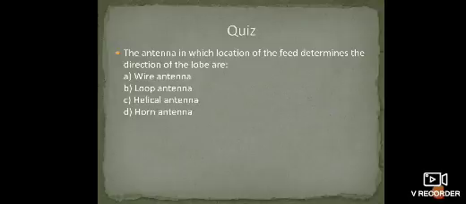So what type of antenna is it, in which the location of the feed determines the direction of the lobe? There are different types of antennas, so which antenna determines the direction of the lobe by the location of the feed? Is it a wire antenna, a loop antenna, a helical antenna, or a horn antenna? Please note this question.